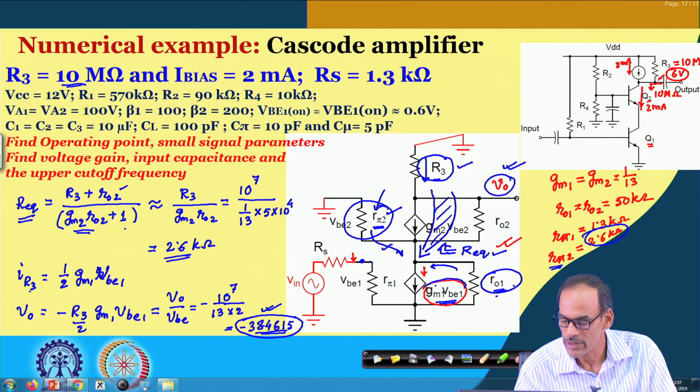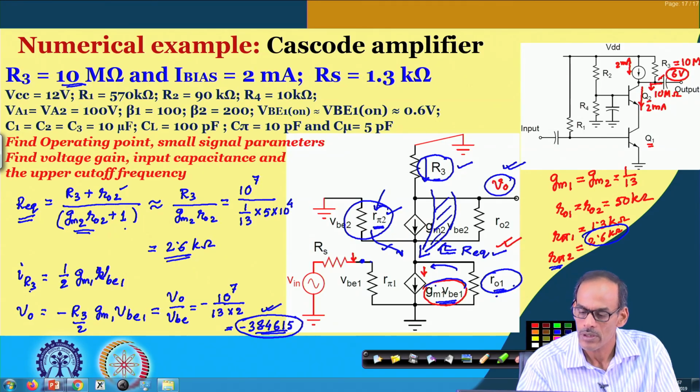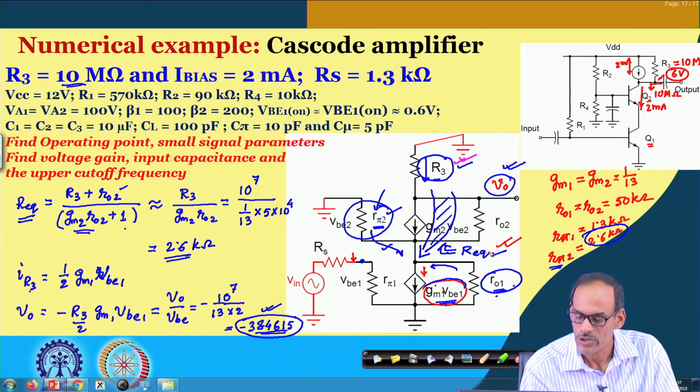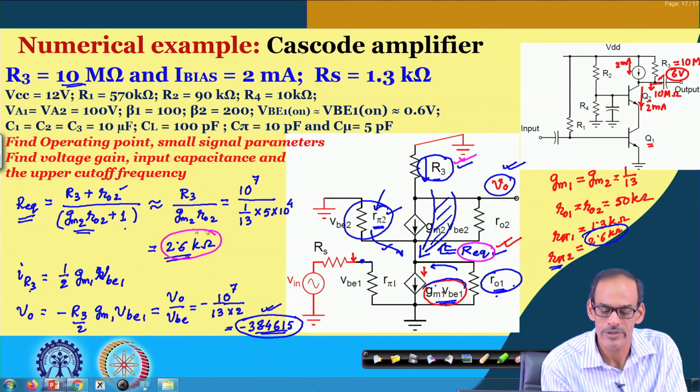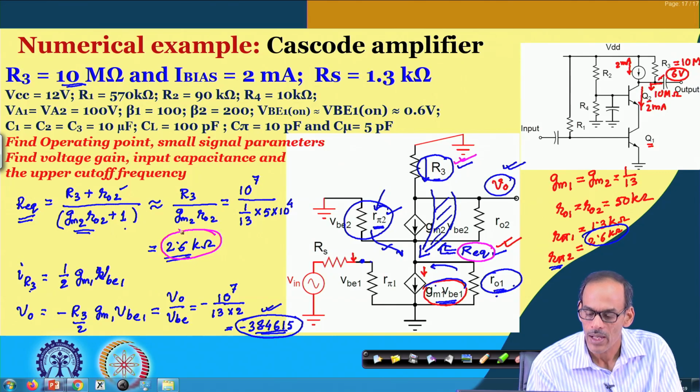we have to keep in mind that the moment we increase this resistance, namely 2.6 K, that also has increased the Miller factor coming for this C mu. And what is the consequence?